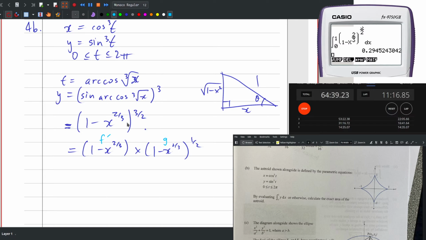So they want you to calculate the exact area of the asteroid. Bro, why is this?